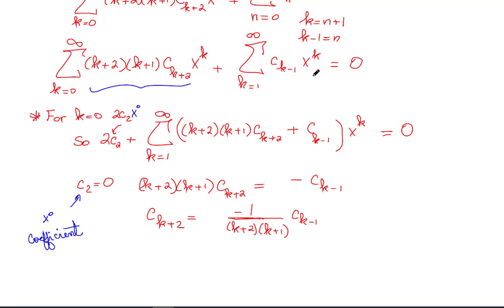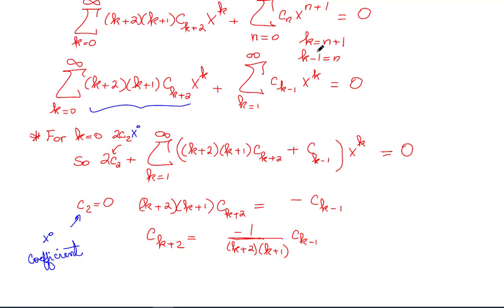And I did that so that I could get this x to the n plus 1 back to x to the k, to match this x to the k so I could factor it out. Just like we did in the previous problem, so we can get our hands on this part.